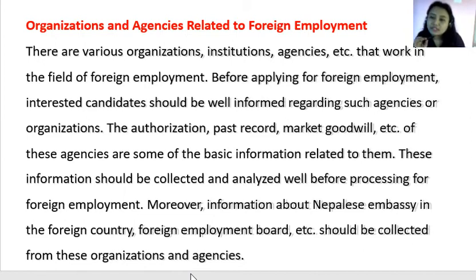For getting that information, you need to get the idea from Nepal itself, from the manpower companies. If the company is not fraud, then they will have the idea of the Nepalese embassy in the foreign countries.